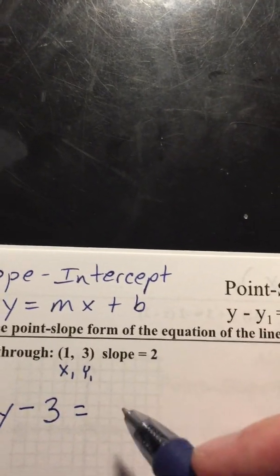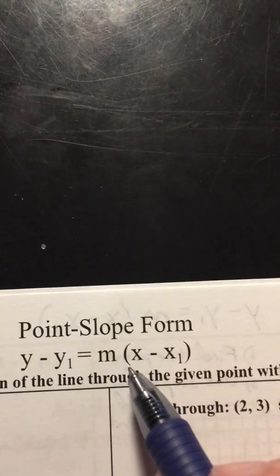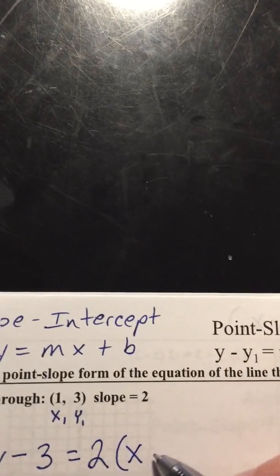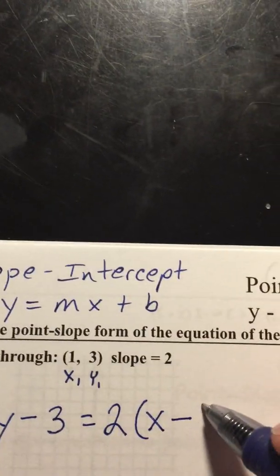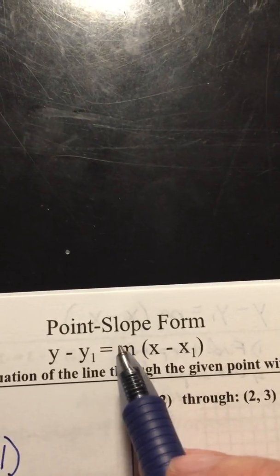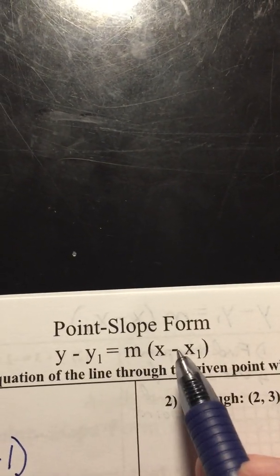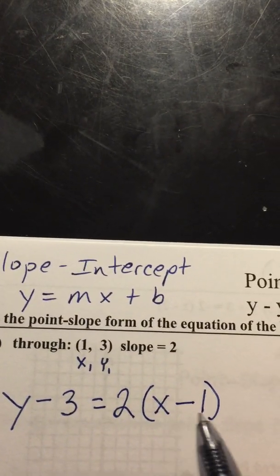Our slope number is a 2, so the 2 is going right here after the equal sign, parentheses, and after that comes x minus, and then the x number. So this is x minus, and then we're going to put the x number, and my x number is a 1. So that goes there, and you close the parentheses. So it's y minus a number equals the slope, parentheses, x minus the x number, and close the parentheses. So here's my y minus 3 equals 2, parentheses, x minus 1.